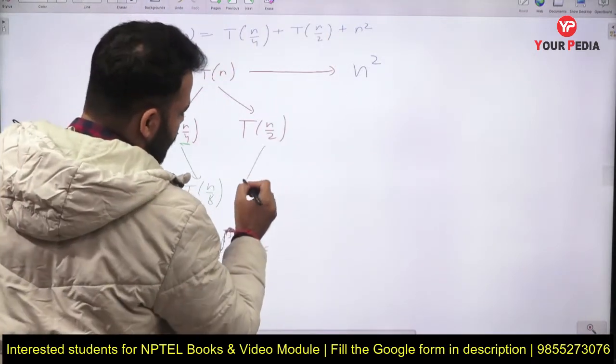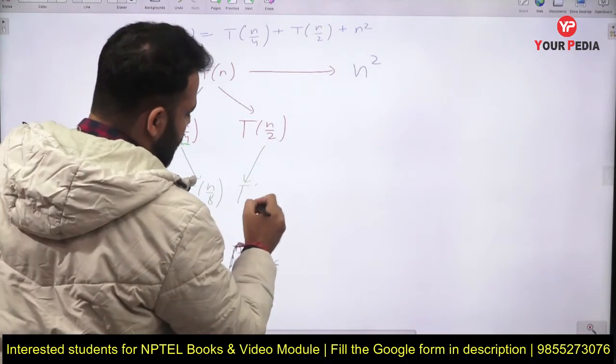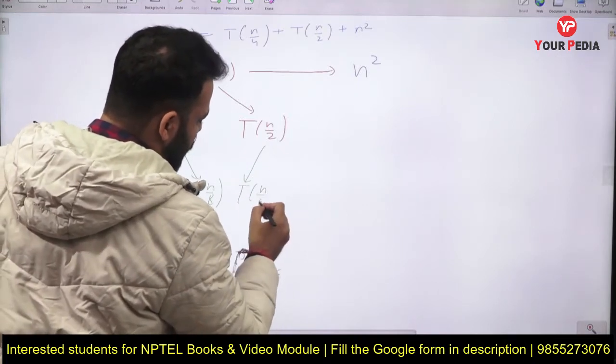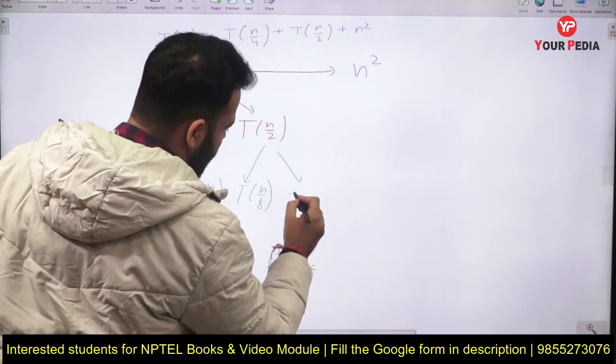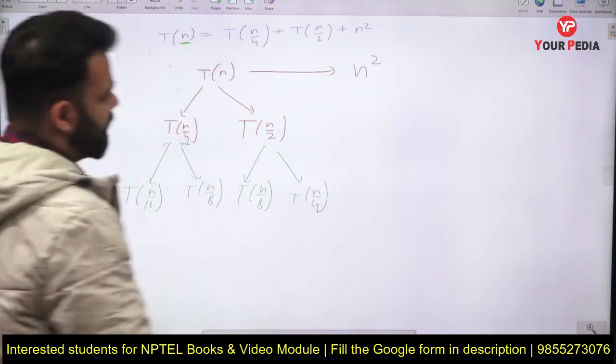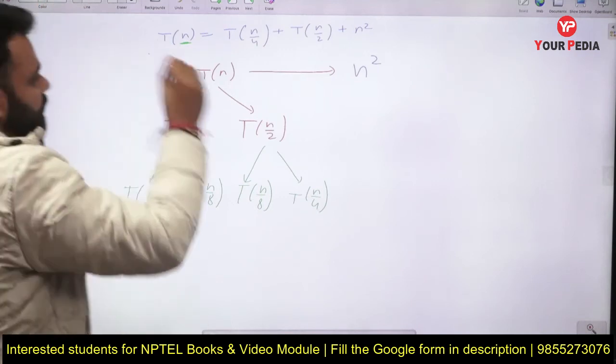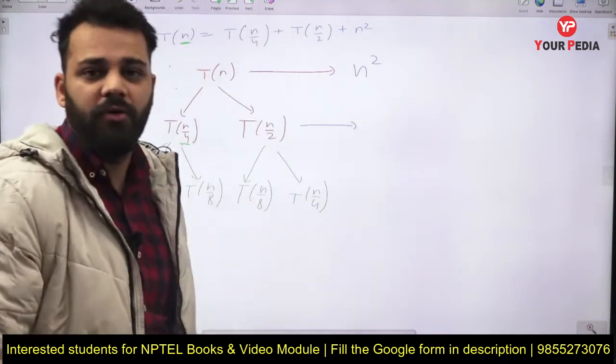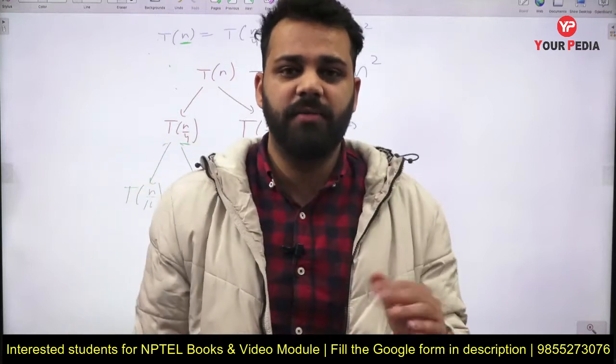Again, when you divide this, it will be divided by 4 and by 2. Now what about the remainders of this? When you divide T of n, the remainder is n square.